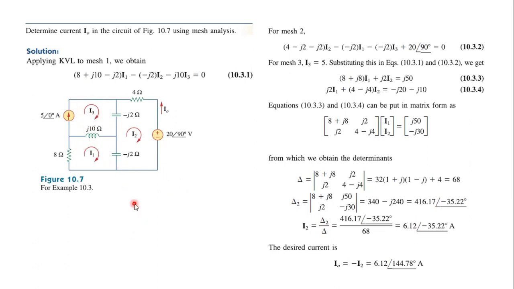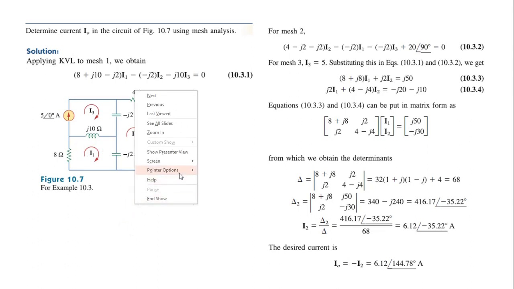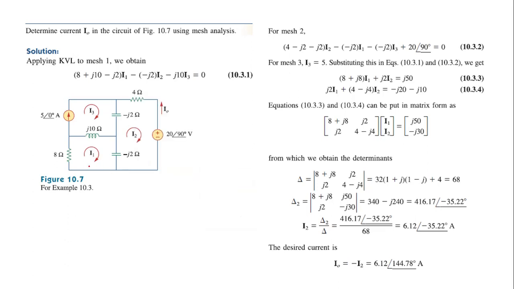The next step is to assign polarities depending on the direction of the current. Let us take mesh 1, and the current direction is given as clockwise. Let us assign the polarities.